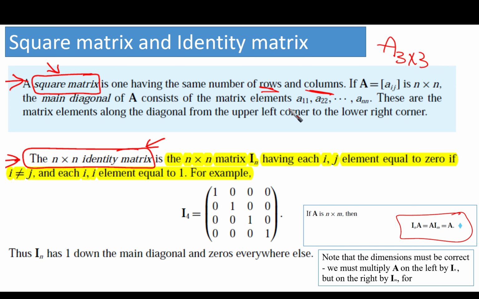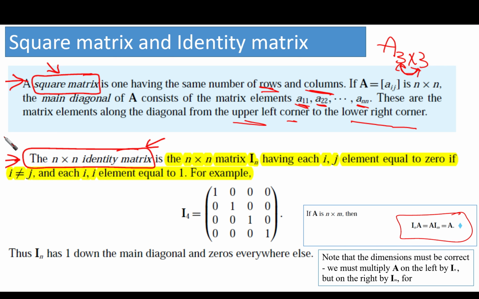The main diagonal of this matrix consists of matrix elements A11, A22, A33, A44 until ANN, because the dimensions are the same for the rows and columns. These are the matrix elements along the diagonal from the upper left corner to the lower right corner.